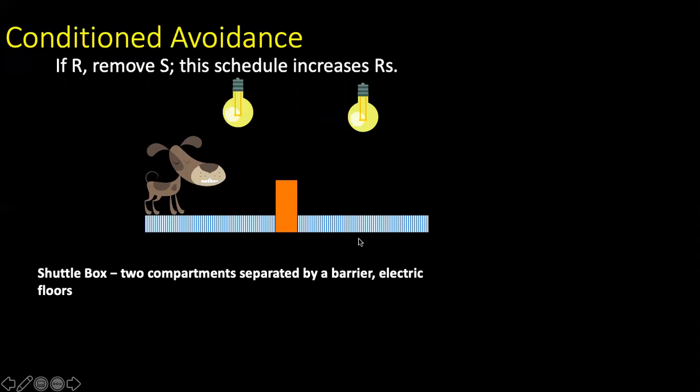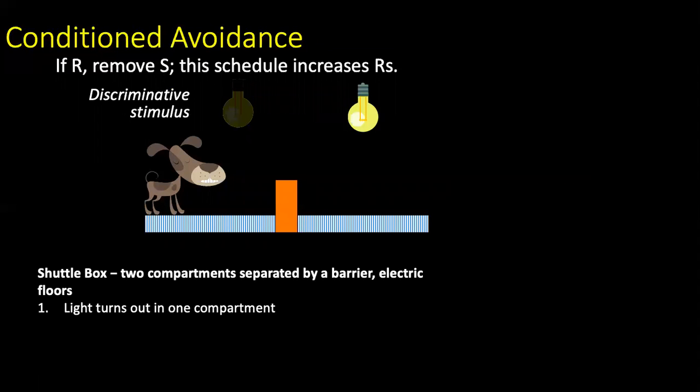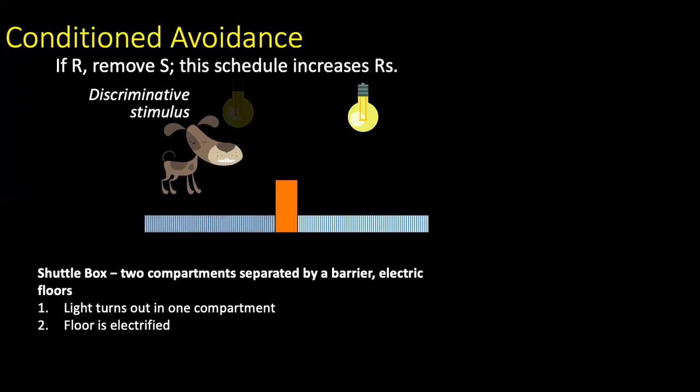That is, we can turn on electricity, which would give the animal a noxious shock on their feet. So in this case, we have lights on both sides. And so we can train such that this light becomes a discriminative stimulus. That is, the light turns out, and then the floor is going to be electrified, right?